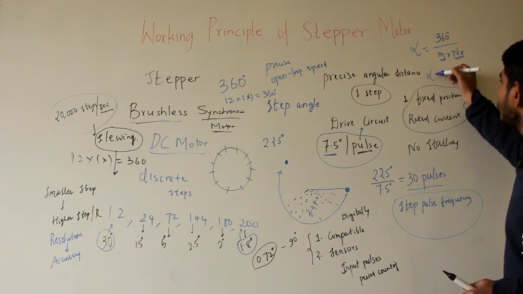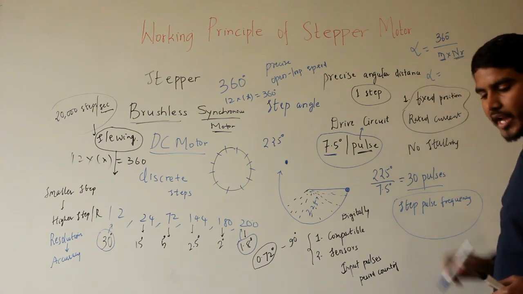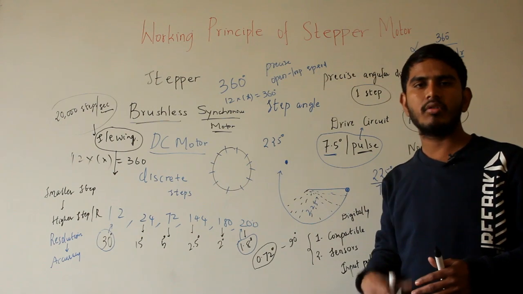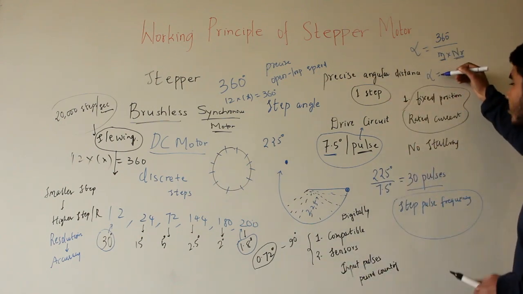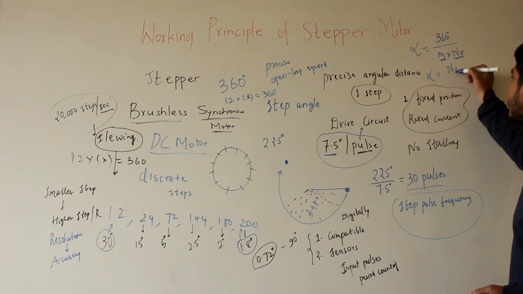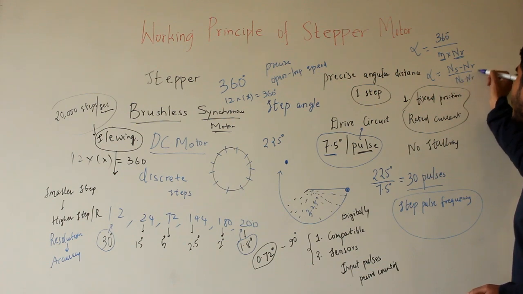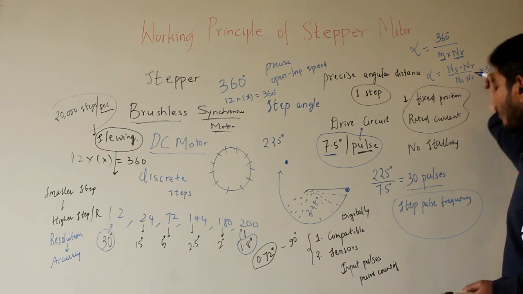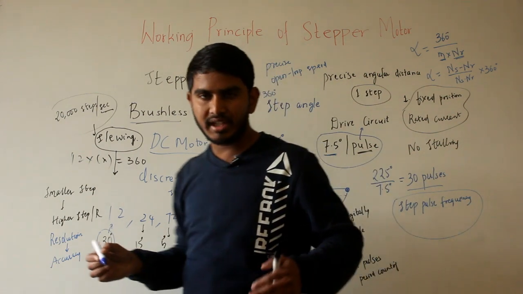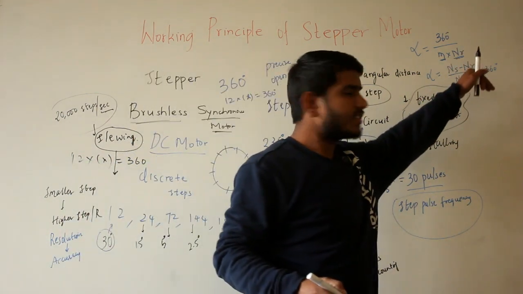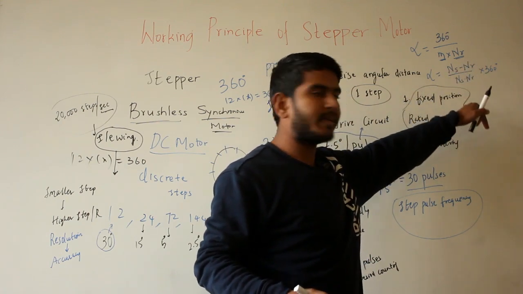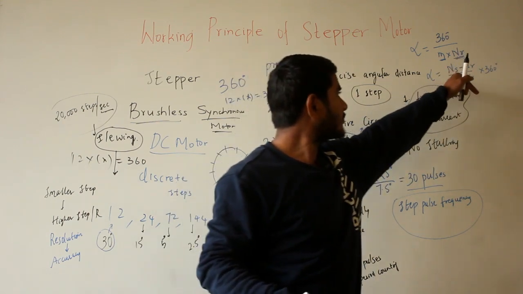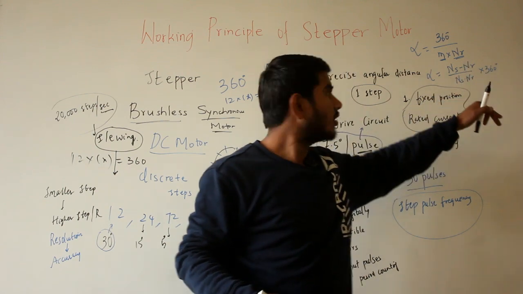In case you do not know the number of stator phases, but you know the number of rotor teeth and stator teeth, then the step angle alpha is (ns minus nr) upon (ns into nr) into 360 degrees, where ns is the number of stator teeth and nr is the number of rotor teeth. Do not get confused with stator synchronous speed or rotor synchronous speed; here it is the number of stator poles and the number of rotor poles.